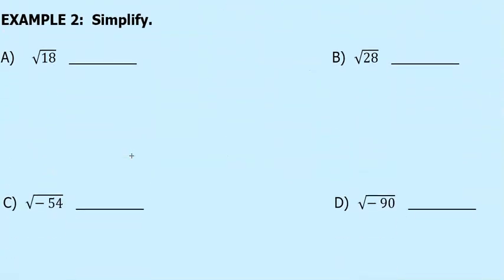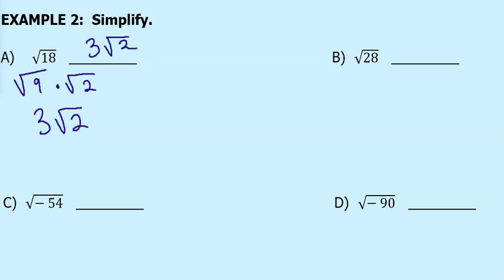So we can break apart 18 into 9 times 2. The square root of 9 is 3. The square root of 2 can't be reduced. So your simplified square root is 3 radical 2.